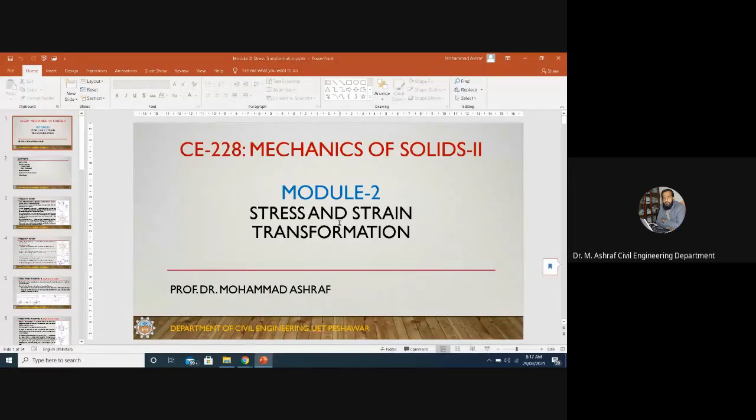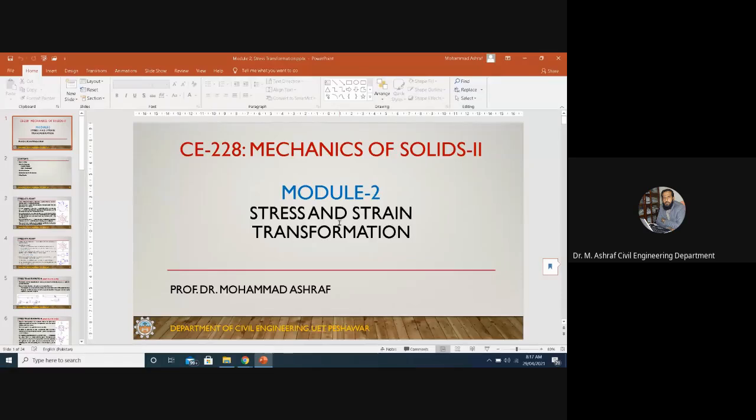In our previous lectures, in module 1, we discussed the combined stresses, and especially the combined normal stresses. How to combine normal stresses? If a number of actions are acting on a body, the actions which produce normal stresses are axial force, bending moment about the y-axis, and bending moment about the z-axis.